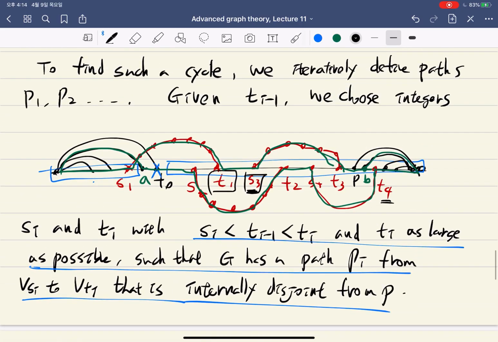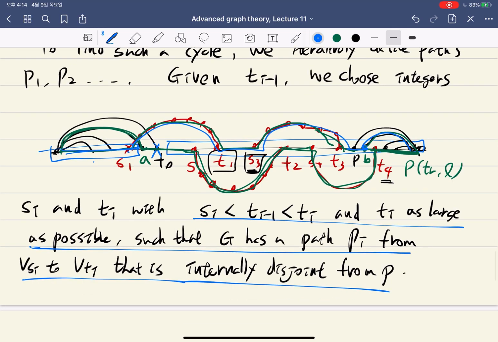So you start with this, go to here and then take this P TRL, while the other path uses this and uses this edge to end.